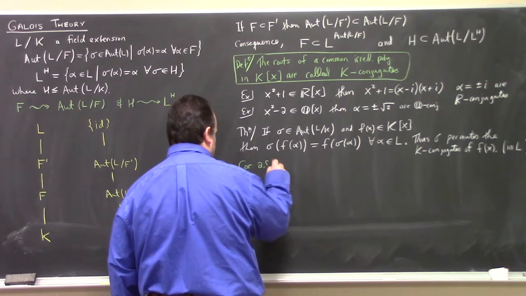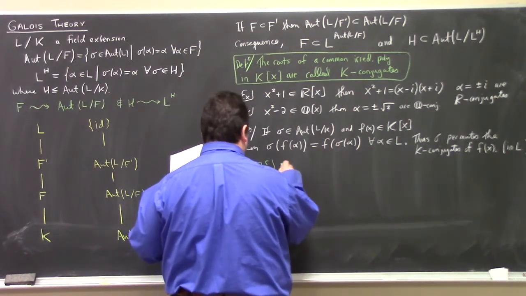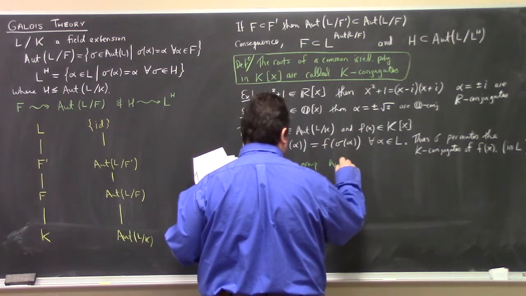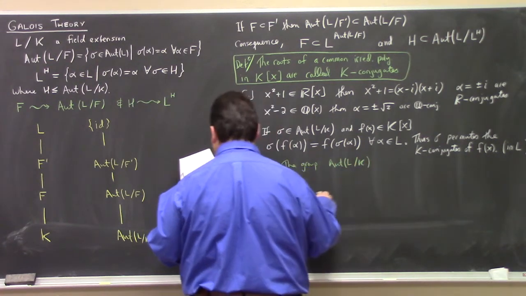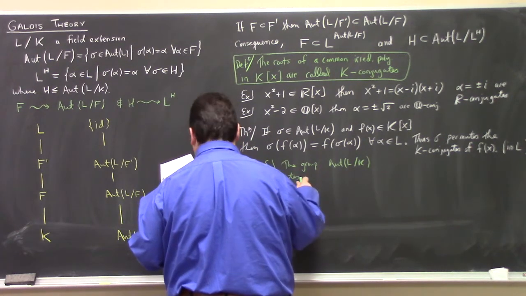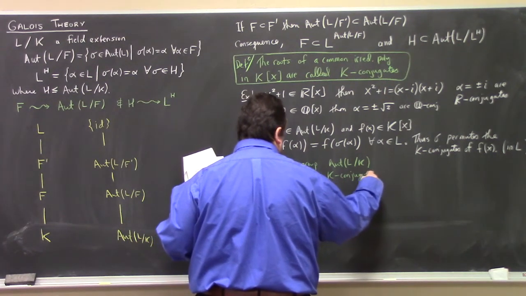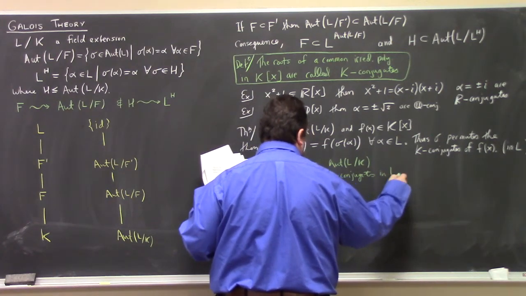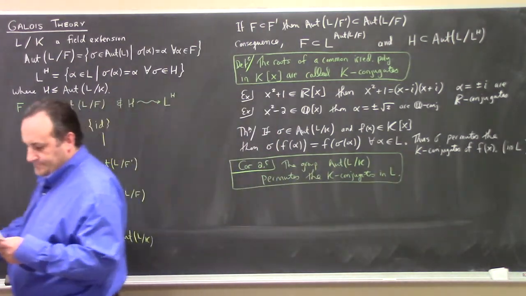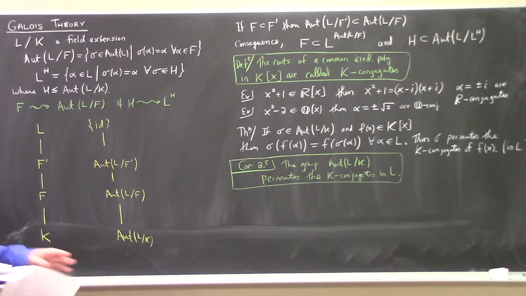Corollary 2.5: the group L over K permutes the K conjugates in L. All right.